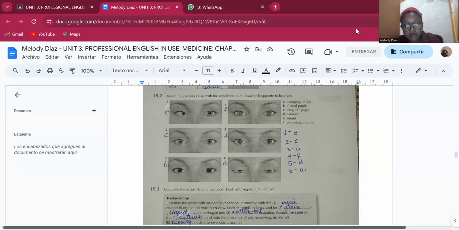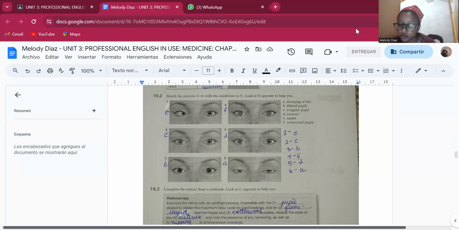Match the pictures 1 to 6 with the conditions A to F. Look at B opposite to help you. Letter A, drooping of limbs, to number 1.